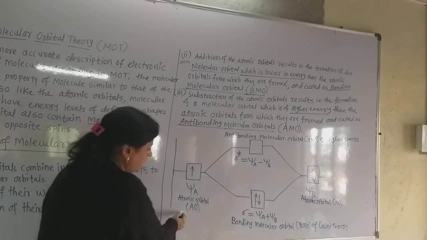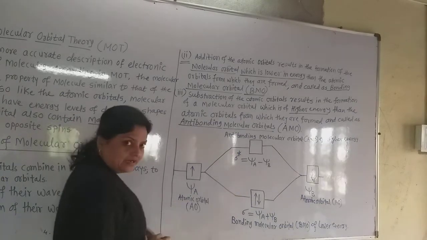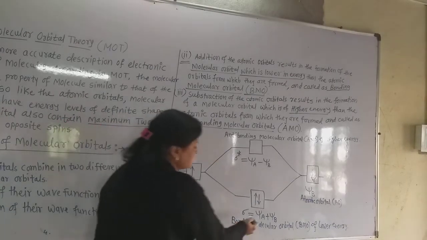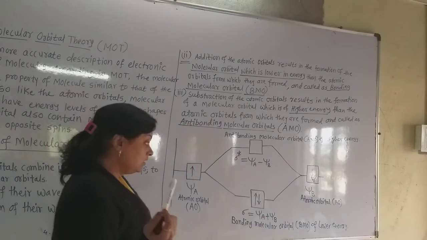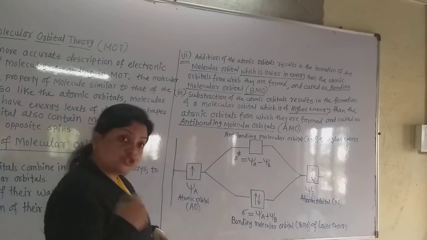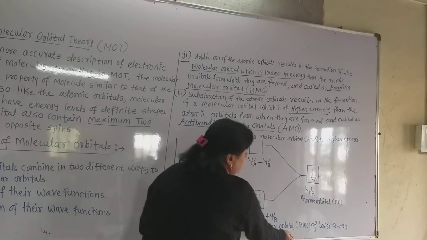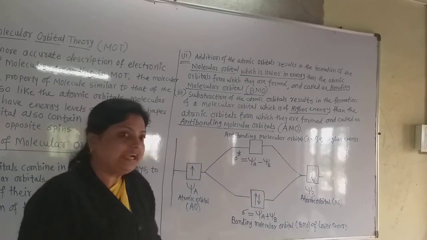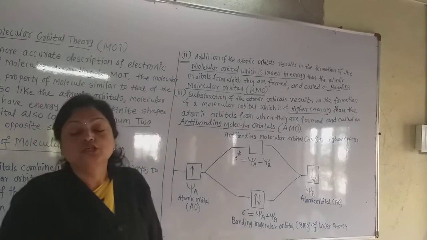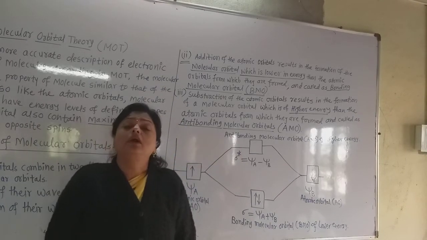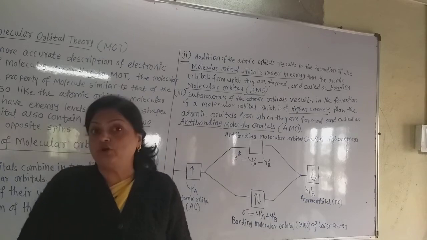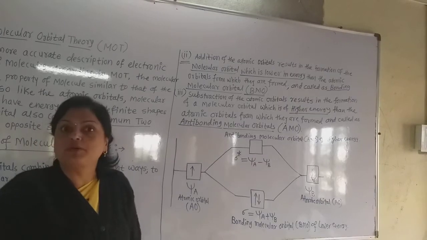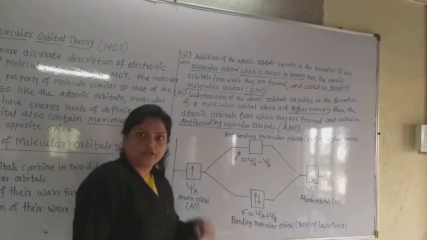If the atomic orbitals combine as their wave function psi A plus psi B, then the orbital formed is called the bonding molecular orbital, in short BMO, of lower energy and denoted by the symbol sigma. So always remember that sigma is the bonding orbital, and sigma star is the anti-bonding orbital with higher energy than that of the atomic orbitals.